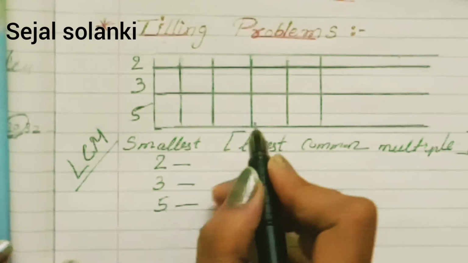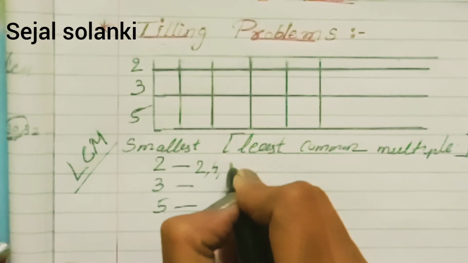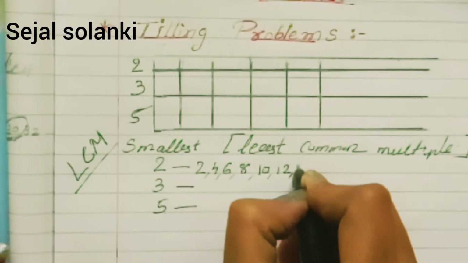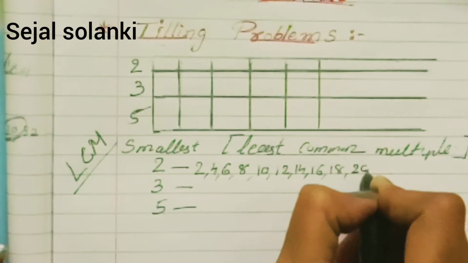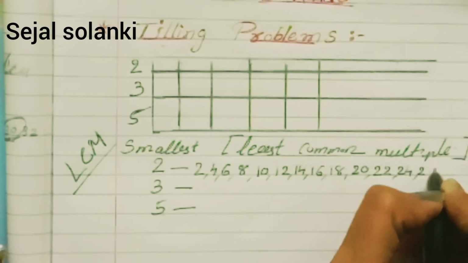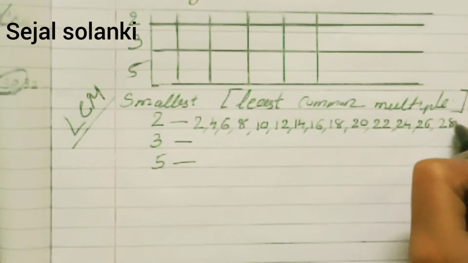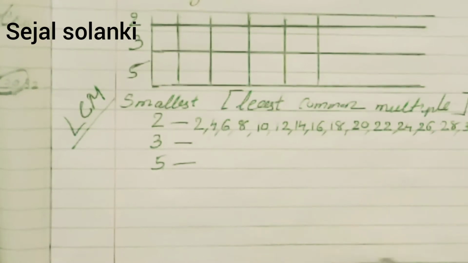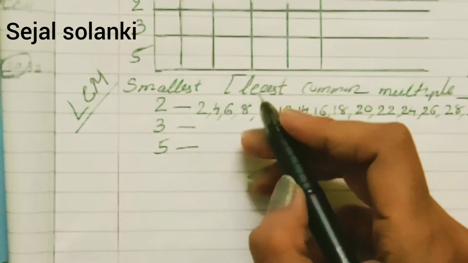So let's find out that. 2, 4, 6, 8, 10, 12, 14, 16, 18, 20, 22, 24, 26, 28, 30, 32, 34 and so on. So many multiples are there of 2.